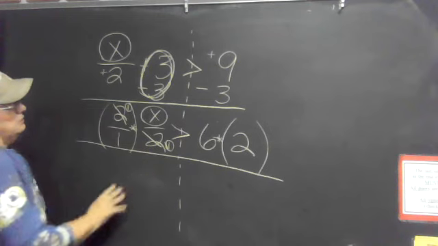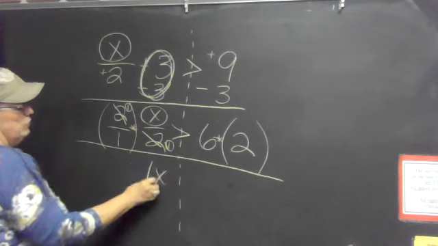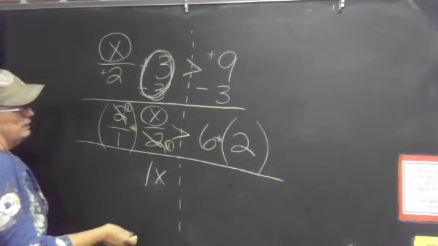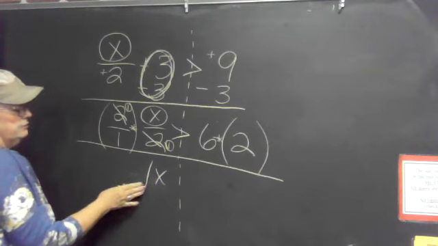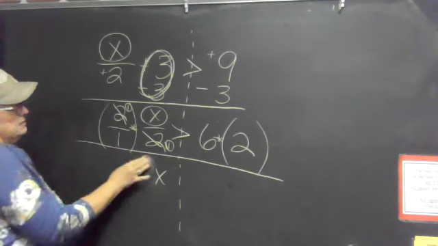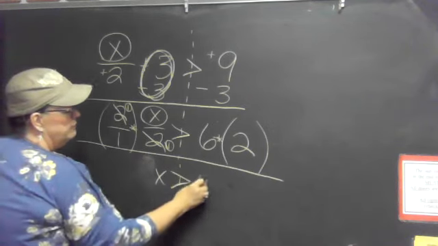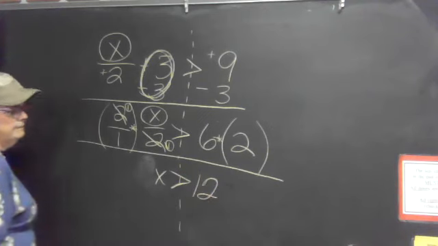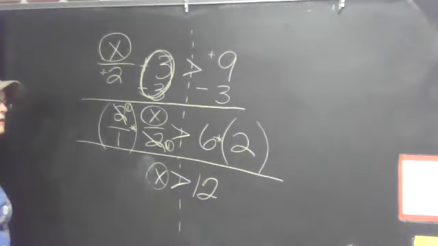It's invisible. And so on the top, I have 1 times x. So I have 1x over 1, but we don't write that. And actually, the 1x here is also invisible. So we have an x by itself, which is what we want, is greater than 12. Now this is the answer because the x is by itself. That's how I know I'm finished.